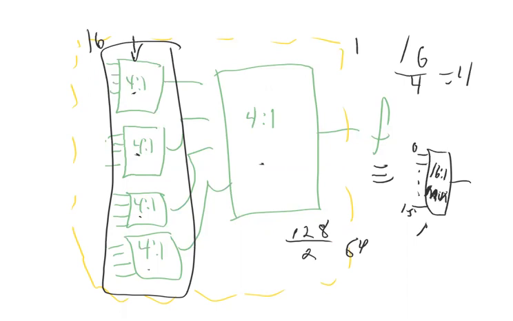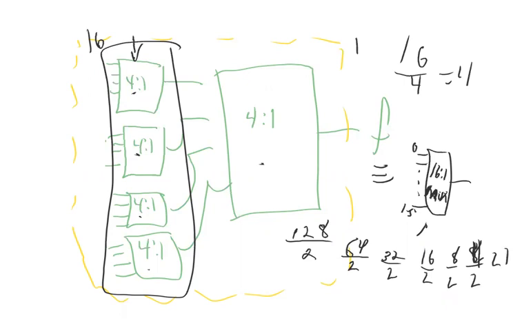Then divide by 2 inputs again. I got to have 32 multiplexers. Then I need 2 inputs again. I get 16 multiplexers. I get 2 inputs again. I get 8 multiplexers. I get 2 inputs again. We're doing it out of 2-to-1s. I get 4 multiplexers, and then I need 2, and finally 1.